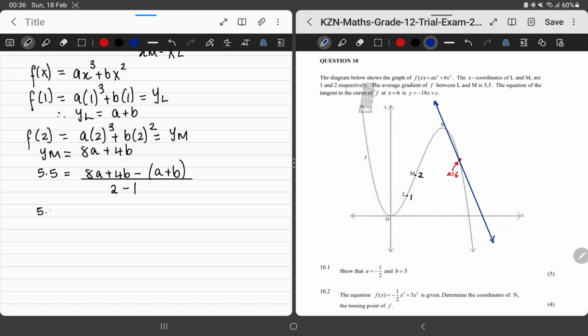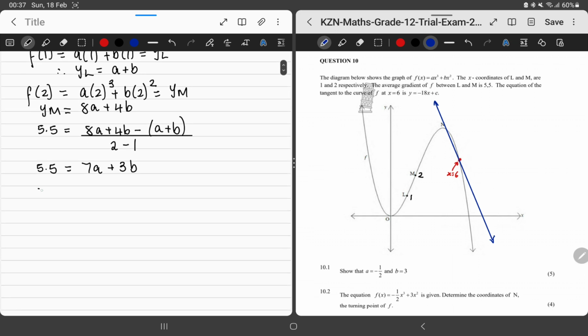This is going to be 5.5, which is equal to 7a, since 8a minus a is 7a, and then this is going to be plus 3b. So this means that 5.5 minus 7a is equal to 3b.